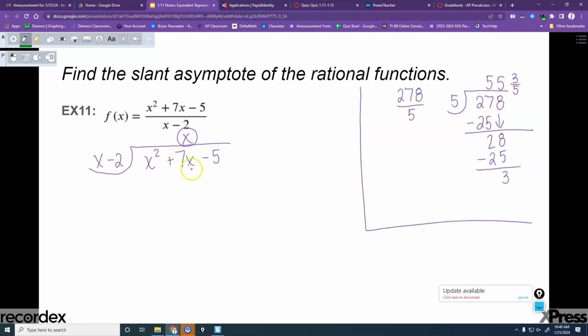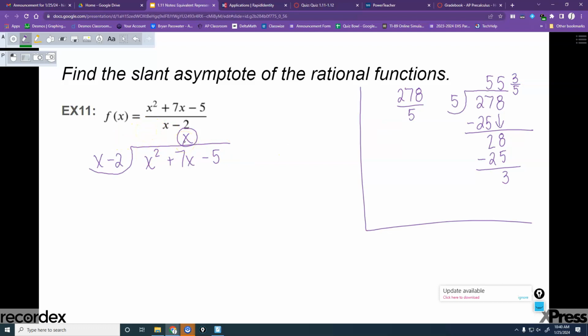Since this is x to the first power, we put it over top of the term that has x to the first power, which is always going to be over towards the end for these problems, because they should only have a difference of 1 in their degree. It'll never be over here for these problems.